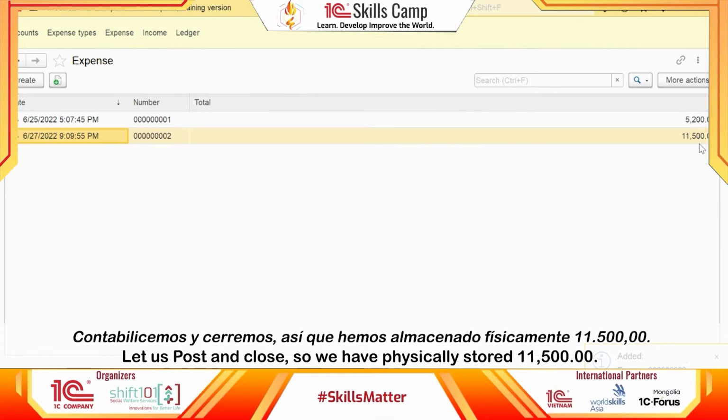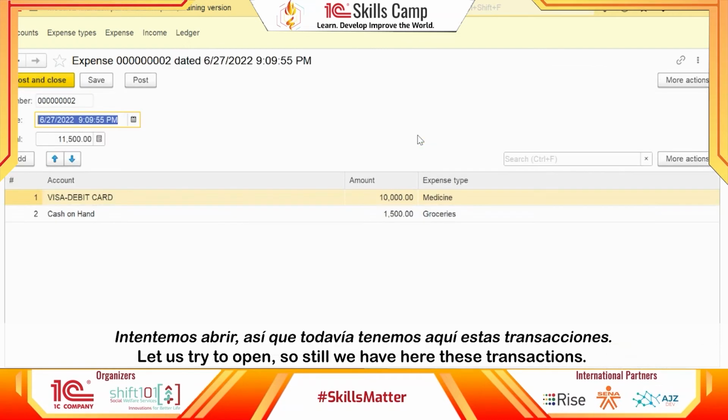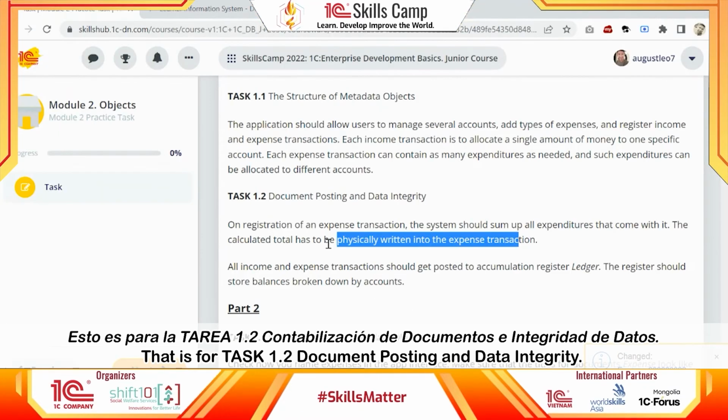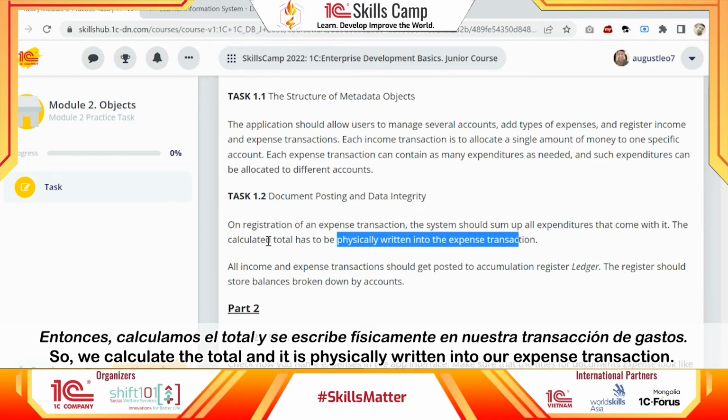So we have physically stored 11,500. So let us try to open. So still we have here this transaction. So that is for task 1.2, document posting and data integrity. So we calculate the total and it is physically written into our expense transactions.